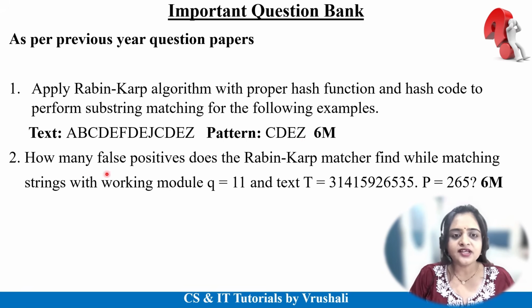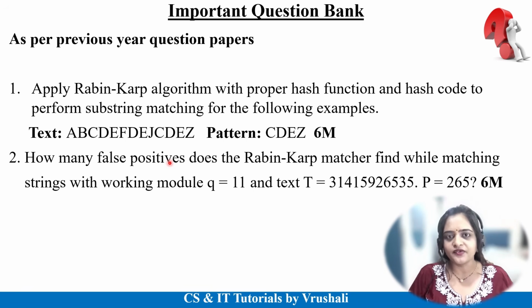Again, next one: how many false positive values does the Rabin Karp matcher find while matching the string? The q value is given as 11 and the text is given. Okay, and you have to find the pattern, that is 6, 5, 3. So false positive means spurious hits. Spurious hits are also called false positive values. In this way, this kind of question is generally asked for 6 marks.